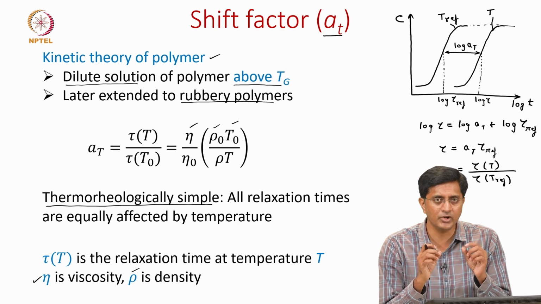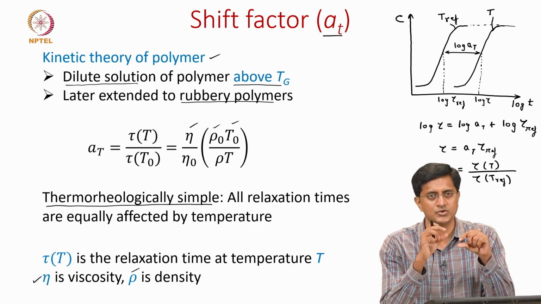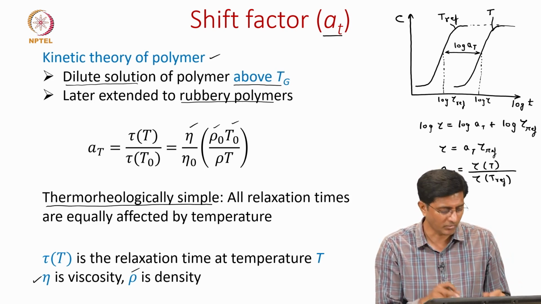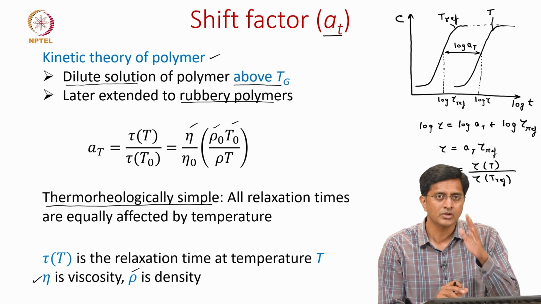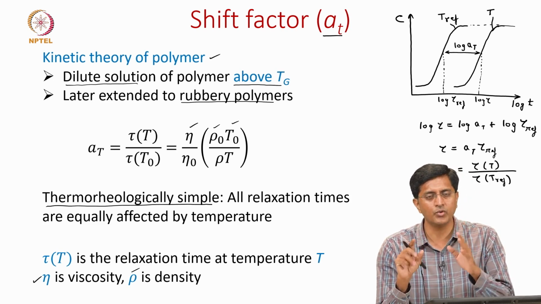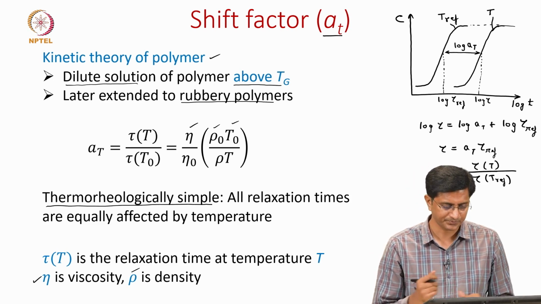Otherwise, we have to shift only a part of the curve step by step. So, you need multiple shift factors for a single curve, but because of this assumption, for a complete curve we only have one shift factor, and once we move it we get the master curve at a different temperature.